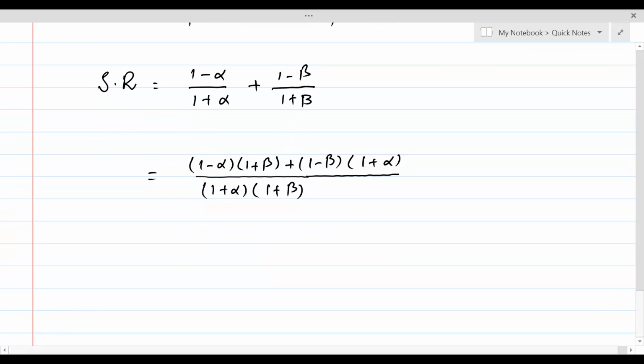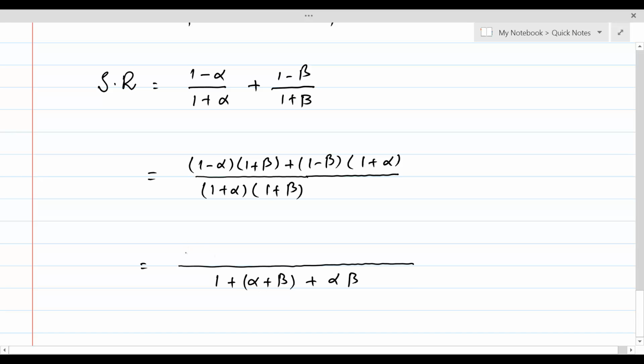Now simplification of this expression will give us this expression. This will be 1 plus alpha plus beta plus alpha into beta.